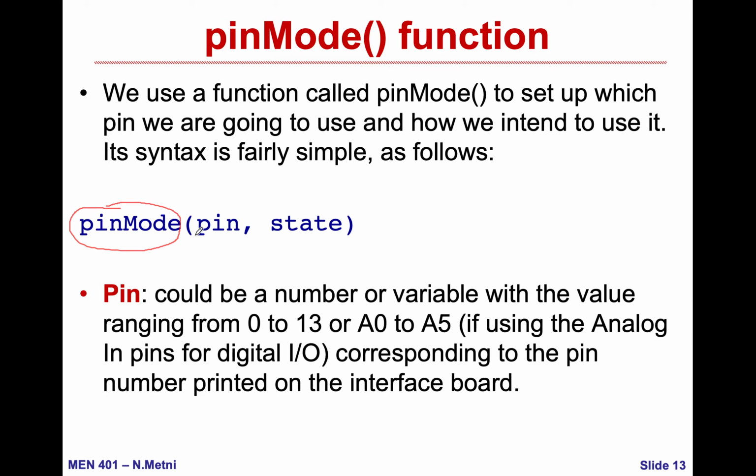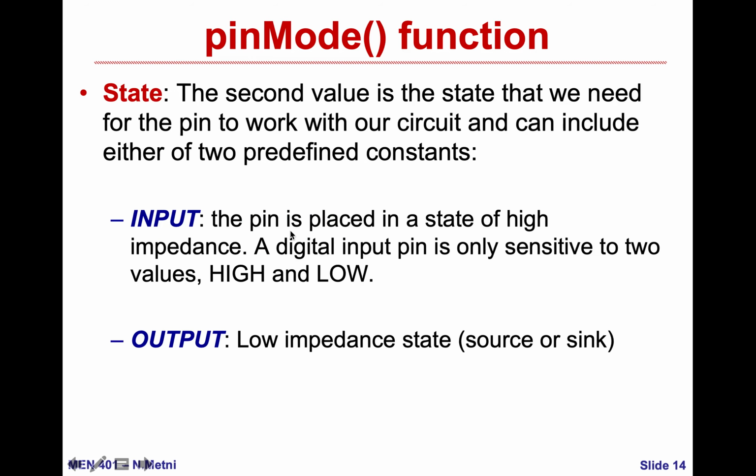Okay, so the first function is pinMode. There are two input variables. The first one is pin. It can go from 0 to 13, and from A0 to A5 if I want to use the analog inputs. And then the state is INPUT or OUTPUT. If it is input, it's an input to the microcontroller. So I will connect it maybe to a switch, or to a sensor, maybe a proximity sensor.